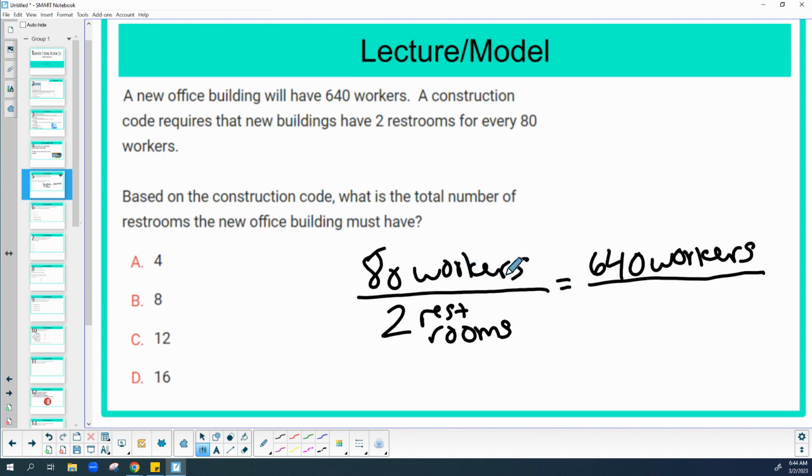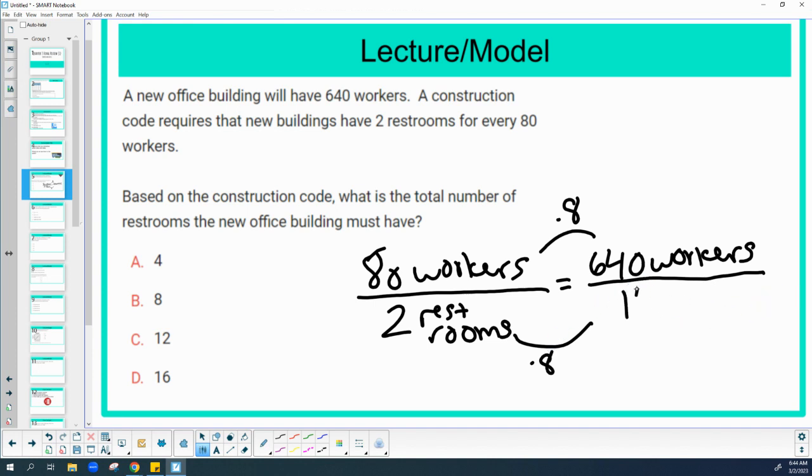All right, so now I need to think, how did I go from 80 workers to 640 workers? Well, what I did was I multiplied by 8. And I want you guys to think. 8 times 8 is 64, so add the 0 and you would get 640. So if I multiplied the workers by 8, I'm now going to multiply the restrooms by 8.